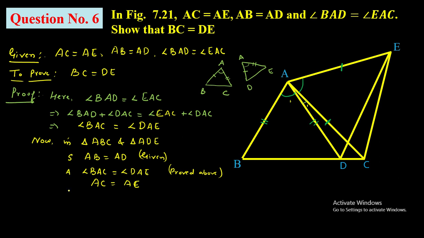Thus, by side angle side congruence criteria, the two triangles ABC and ADE are congruent. And when two triangles are congruent, corresponding parts are equal. It implies that BC is equal to DE. Hence, proved. So it was the proof of question number 6, in which we proved that BC is equal to DE.